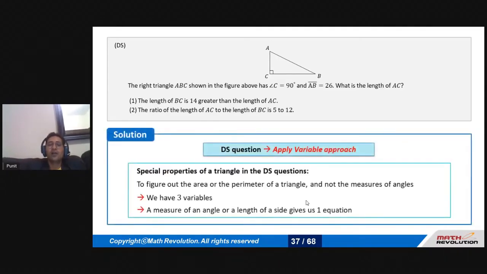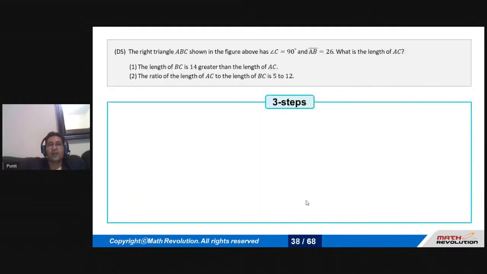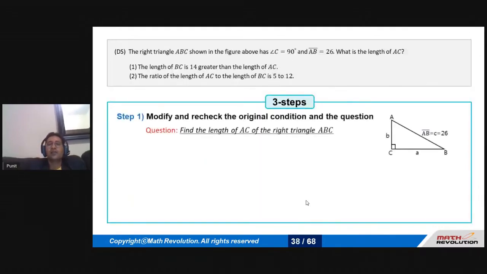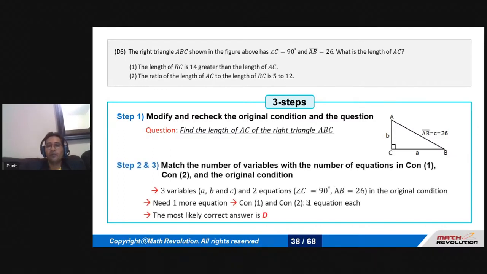When we apply the variable approach, we know that we have three variables and the measure of an angle or the length of a side will give us one equation. When I apply the three steps, let's look at the data given here.